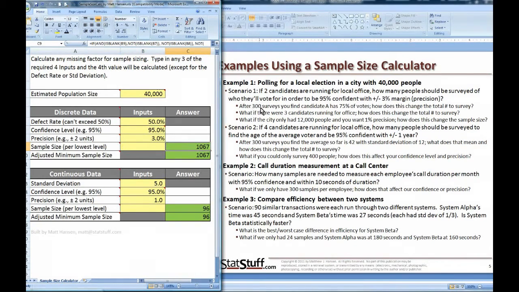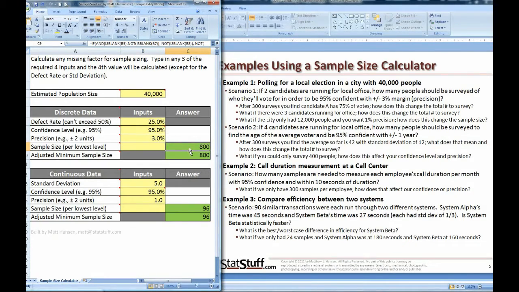But now again, after having 300 surveys on our way, maybe a little bit less than a third of the surveys for the sample, we're seeing that candidate A has 75% of the votes. Well, if that's true, then that means candidate B, the other candidate, has 25% of the votes. With that information, I can plug in the smaller value, 25%, in here, and by plugging in the lower defect rate, now it's telling me I only need to survey 800.